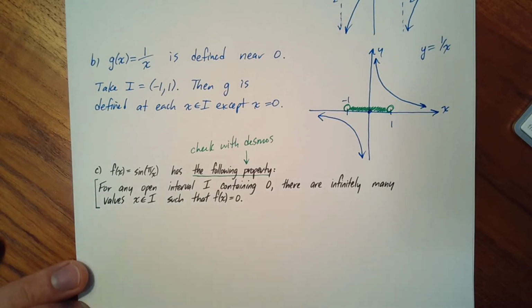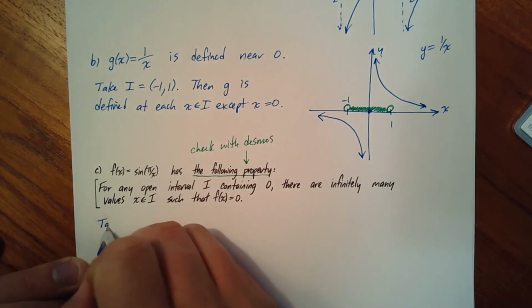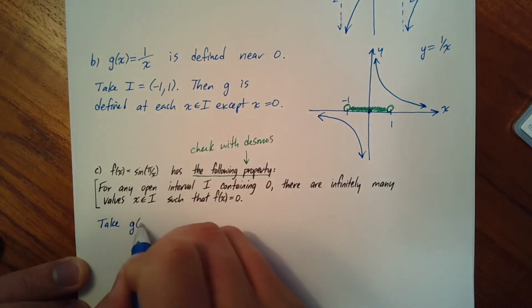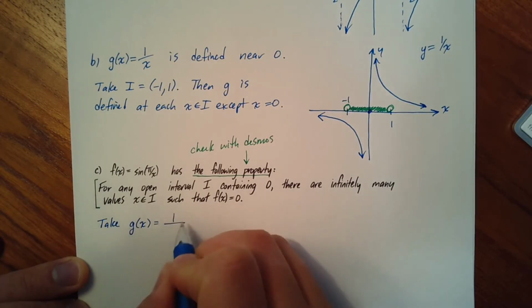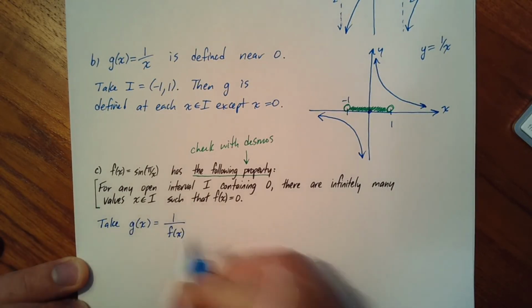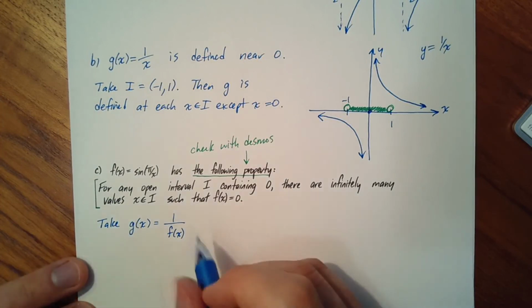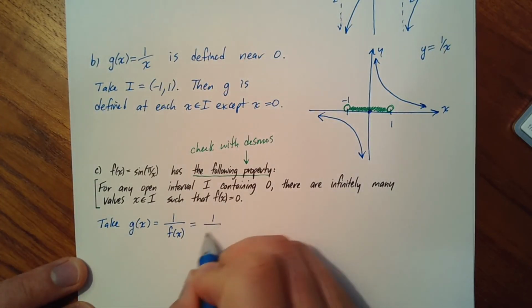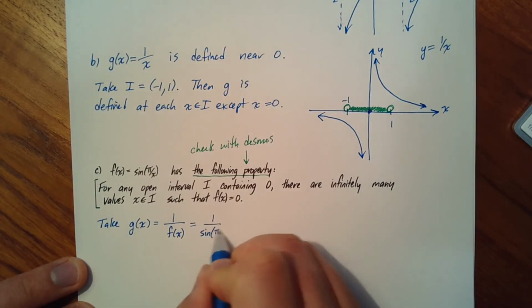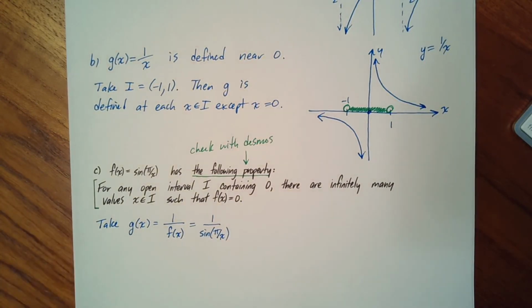But if I define a new function, so take g of x equal to 1 over f of x. So really I'm talking about the function that's g of x, I'll add this in, but you don't need to. You could say this is 1 over sine of pi over x. If you define this to be your function g, now g of x is equal to 1 over f of x. Remember, anywhere that f of x is equal to 0, g of x is going to be undefined.